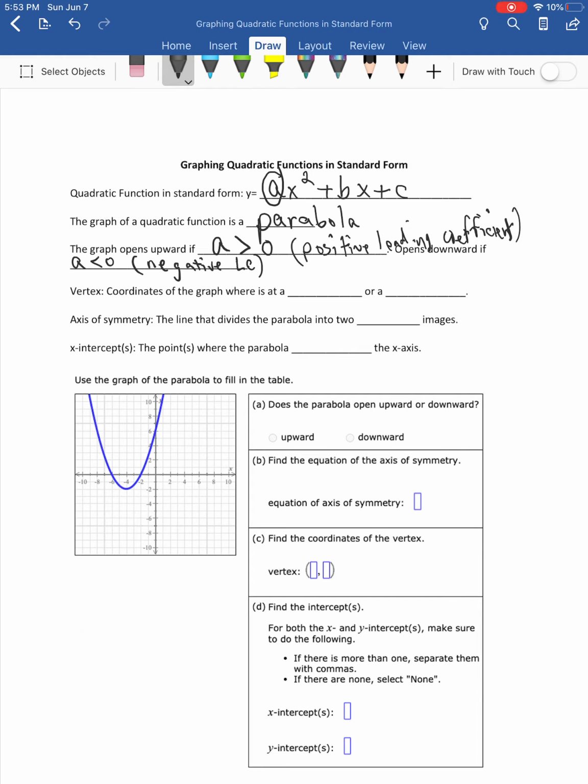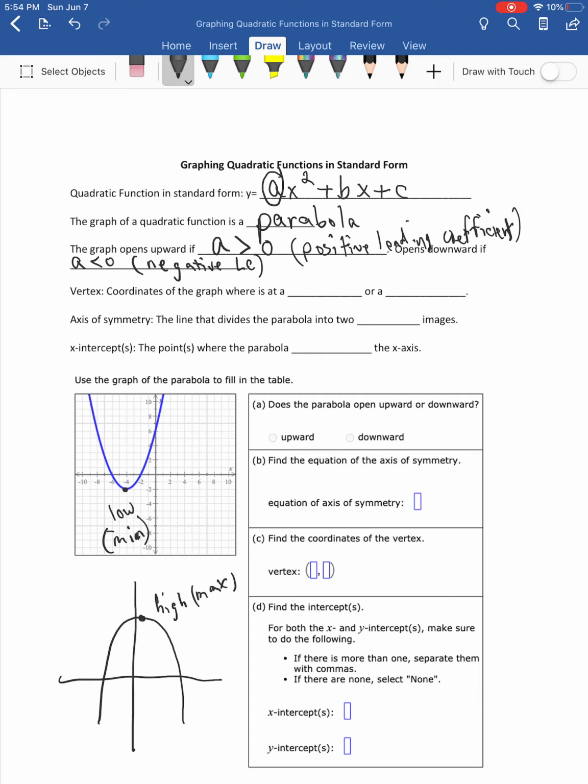Other important information about graphs of a quadratic function. Quadratic functions have what's called a vertex. The vertex point of the one you see on the screen is right there. It's either your low point, your minimum, or if the graph opens downward, your vertex would be a high point. We call it a max. Low, we call it a minimum.